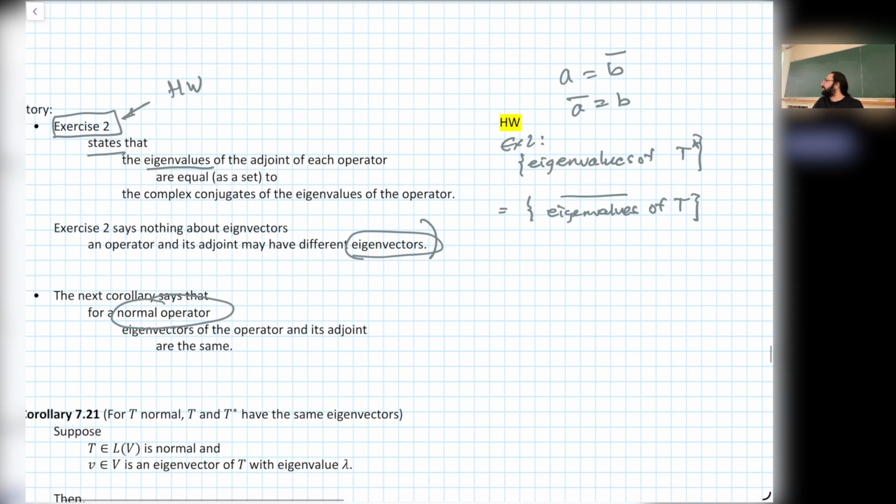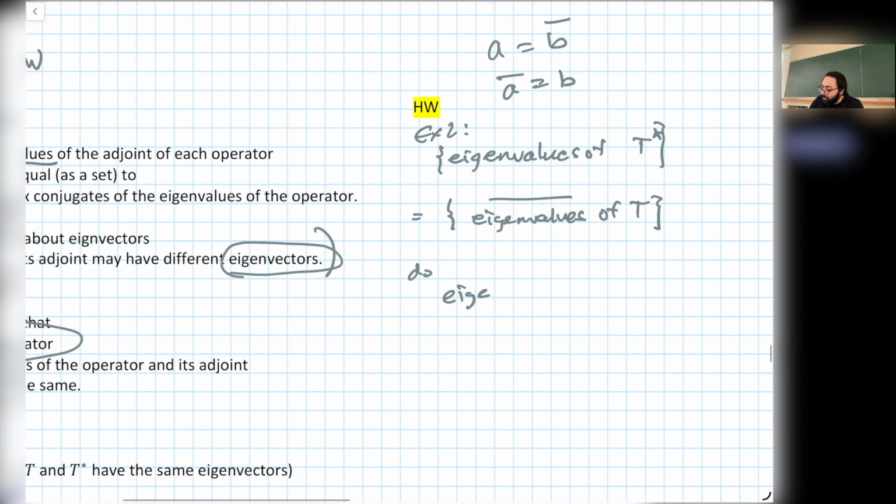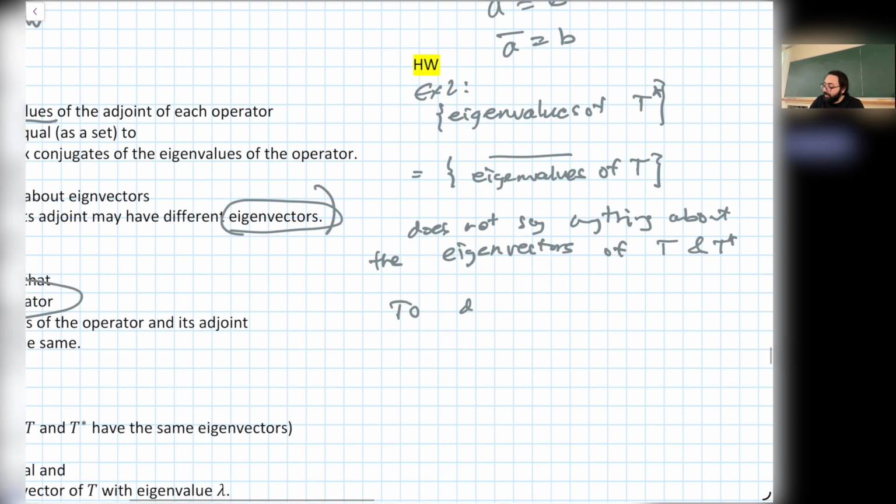Okay, any other questions? Okay, so now the question is, so let me write it down. It does not say anything about the eigenvectors of T and T star, and they can be different in general.